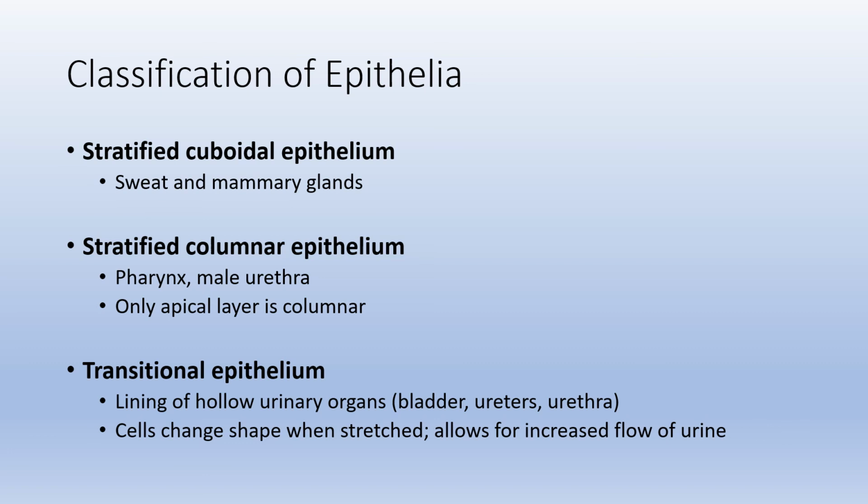Usually when the bladder is empty, these cells puff up. They look like umbrellas. And as the bladder begins to fill with urine, the bladder stretches and those cells begin to flatten out. So transitional epithelium is found in the urinary system.